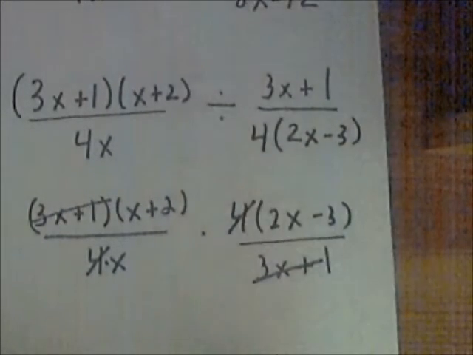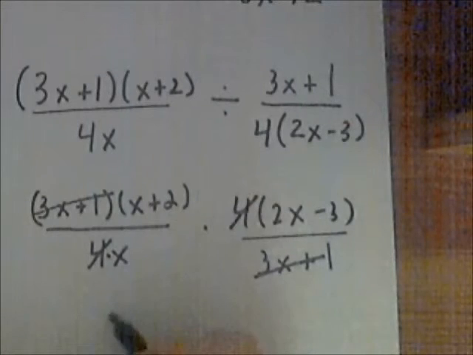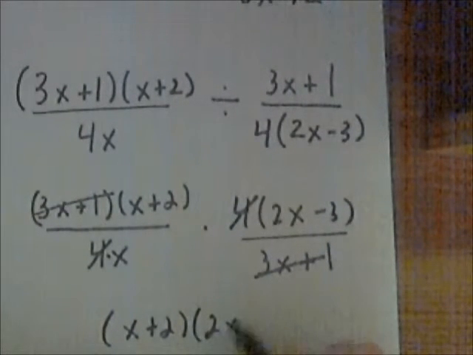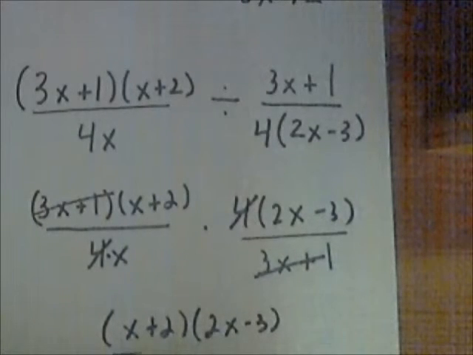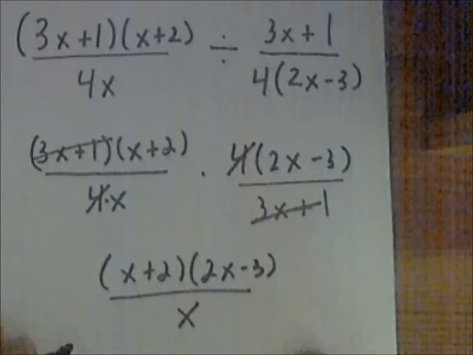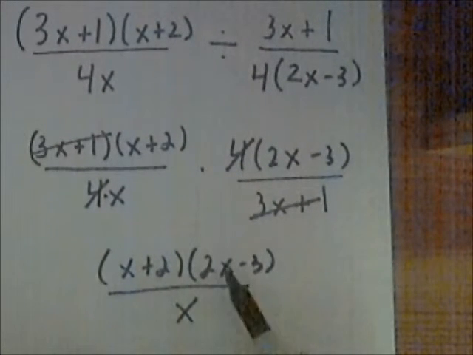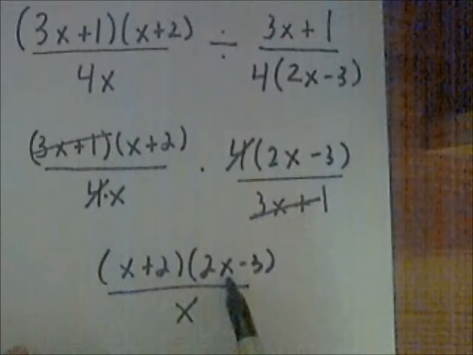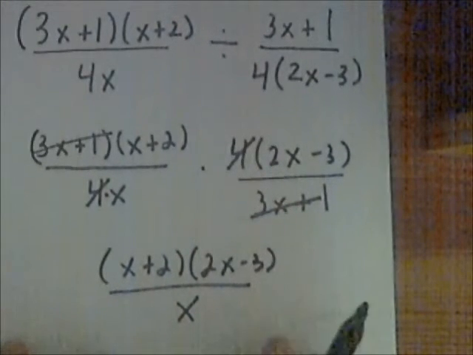So it cancels with that. And I'm left with x plus 2 over 2x minus 3. And there is still an x left on the bottom. Now this x does not cancel either one. Remember that I can't cancel this x out and leave the 2 or pull this x away from here. So this is my quotient.